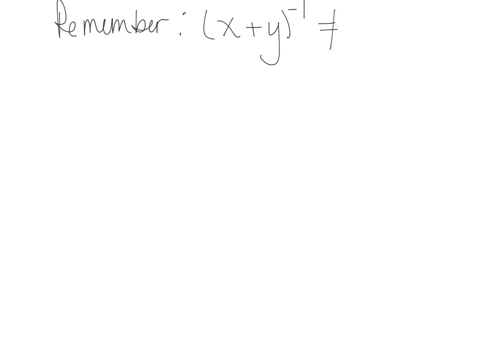Okay, we're going to go back to our complex fractions. Just remember, from things we talked about last chapter as well, that x plus y all to the negative first is not equivalent to x to the negative first plus y to the negative first.